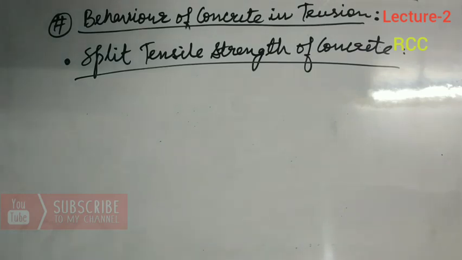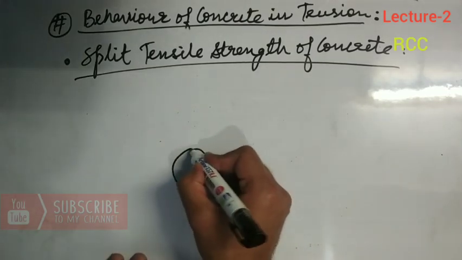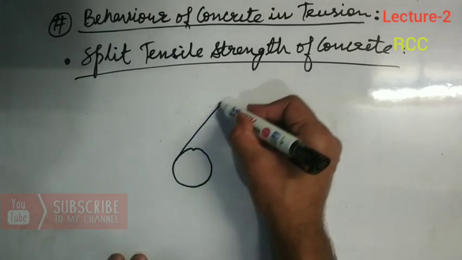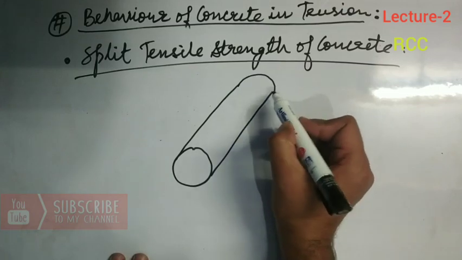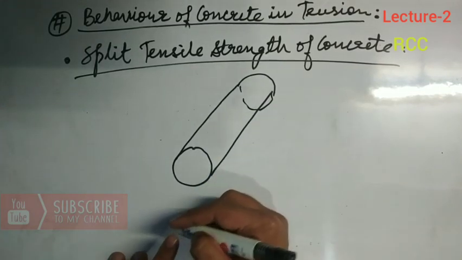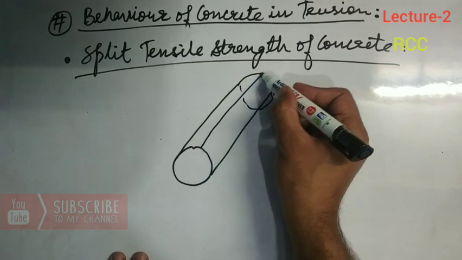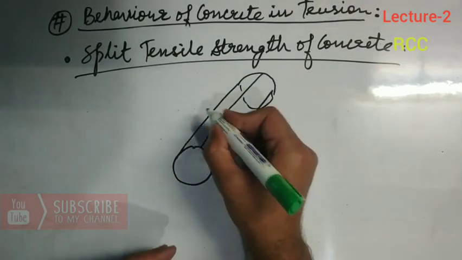Cylinder splitting test is performed, which gives more uniform results. So in this test, a standard plain concrete cylinder, as used in compression test, is loaded on its sides along the diameter, just like this. For example, this is a cylinder. So along the sides it is loaded like this.